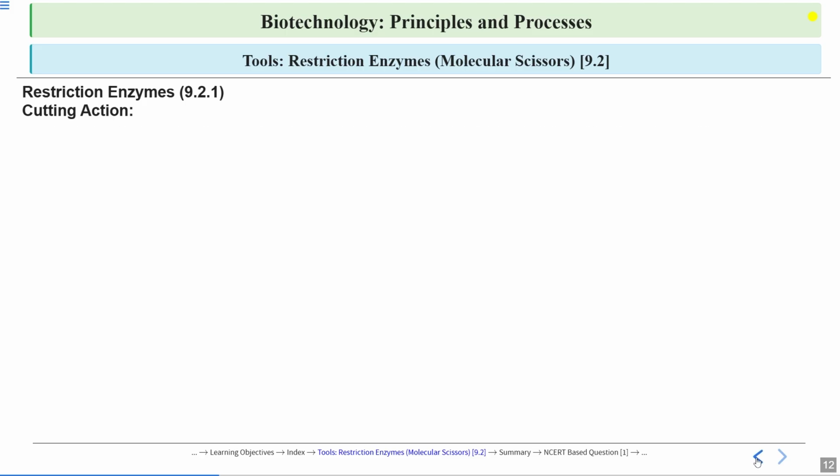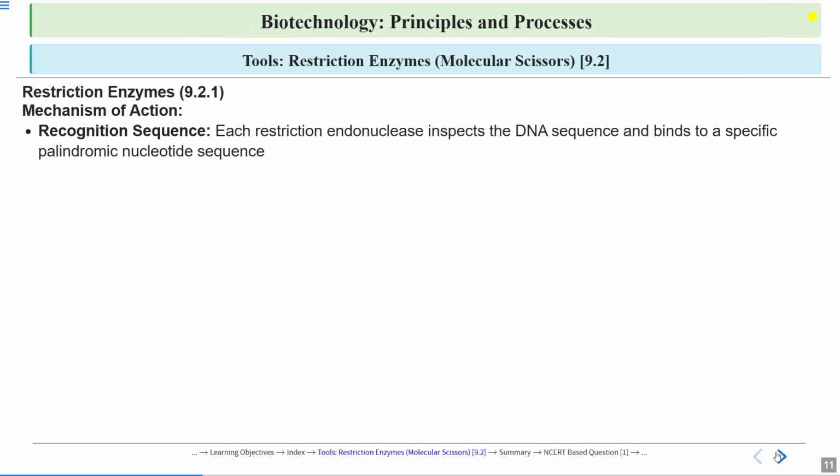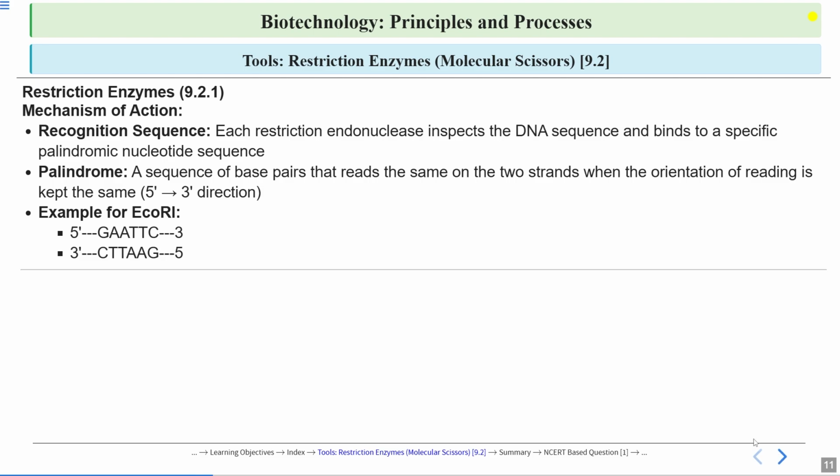For example, I'll show you from the last slide. My arrow is visible now to you, yes. So EcoRI comes, recognizes the pattern, binds here, and cuts this strand between G and A. If it is cutting between G and A in the first strand, it is going to cut between the same base pairs in the second strand also.